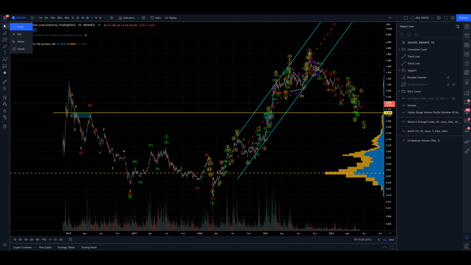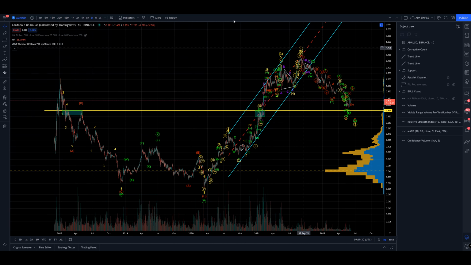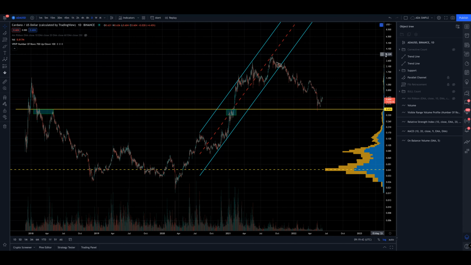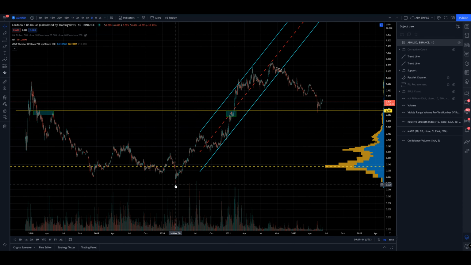Now, I want to start by just clearing the count and sharing some obvious things first, which I think might be helpful. What can you see clearly from the low of March 2020?